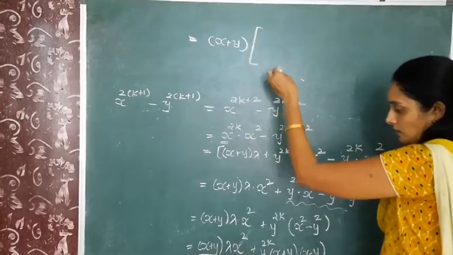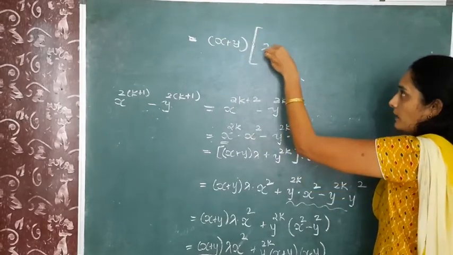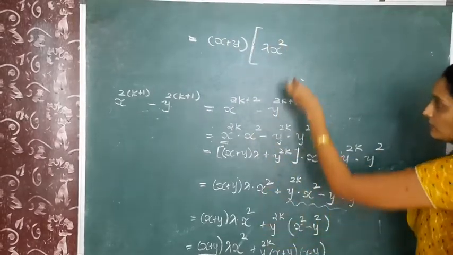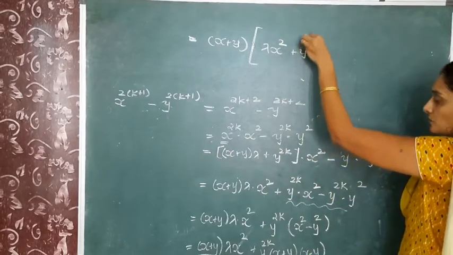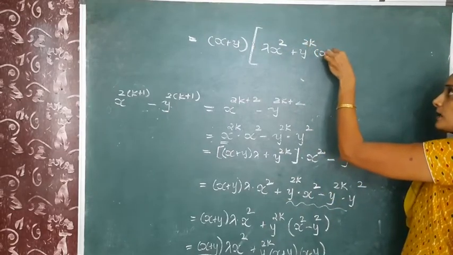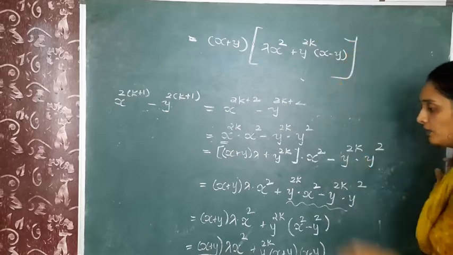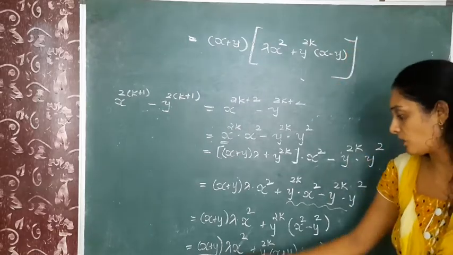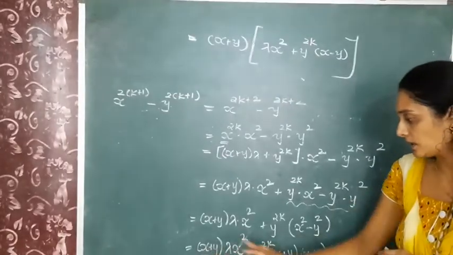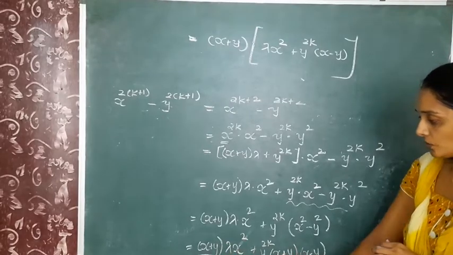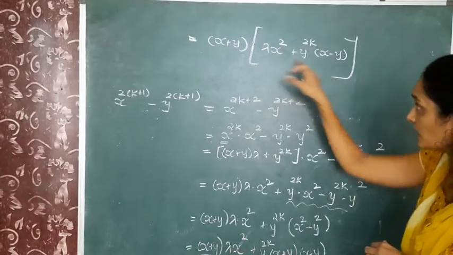So here lambda x square plus y raised to 2k x minus y. When we take any term common, you have to underline this term. So you know very well which terms are in bracket.